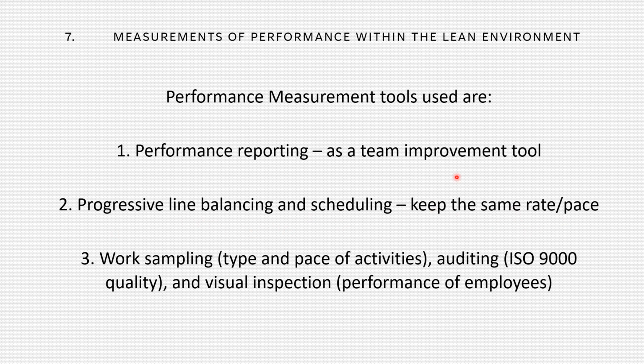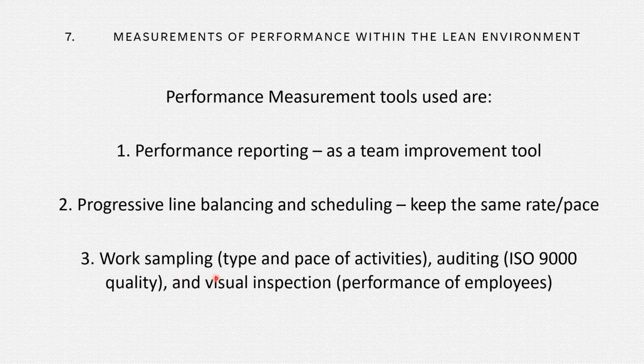Progressive line balancing, especially here, we're talking about the lean production system. So you're producing something, so you have to keep the same rate and pace from the operational processes that you're doing. So these are all the performance measurement tools that we use in order for that system to keep going.